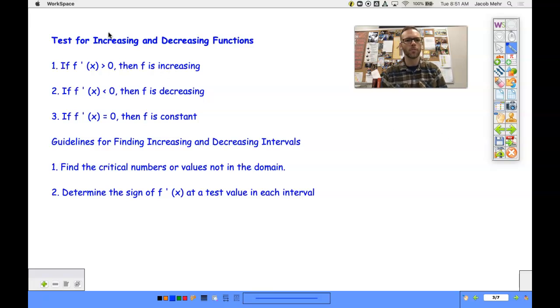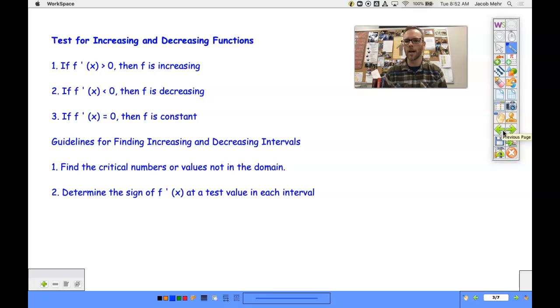So how do we determine if a function is increasing or decreasing? Well, if f prime of x is greater than 0, the function is increasing, the slopes are positive. If f prime of x is less than 0, the slopes are negative, it's decreasing. If f prime of x equals 0, the slope is 0, the function is constant. So how do we find where a function is increasing or decreasing?